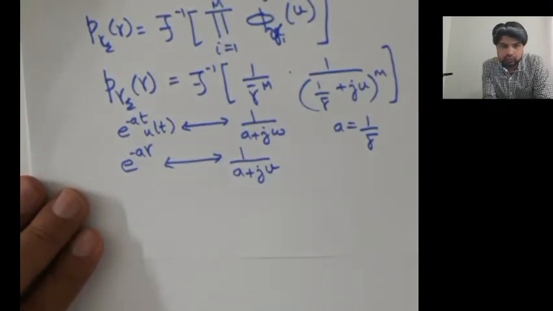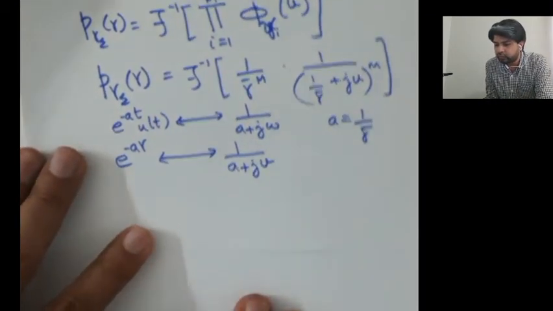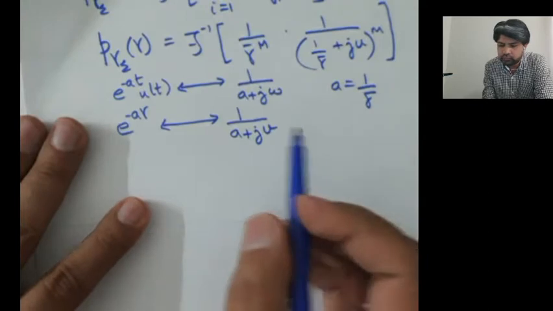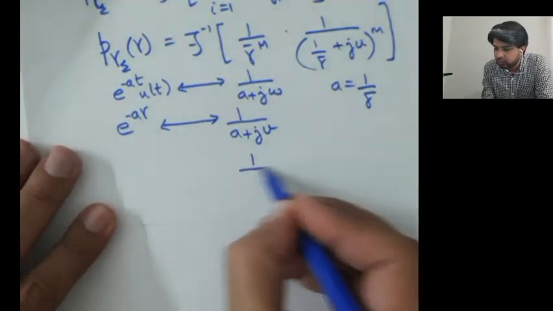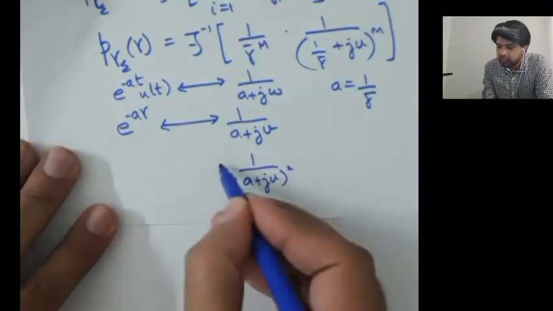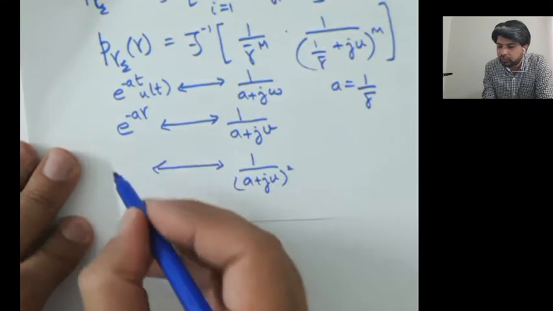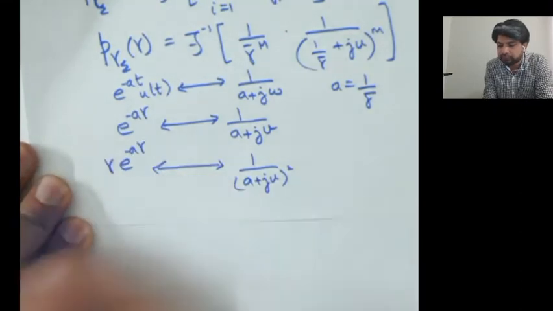Now, using the properties of the Fourier transform that you must have learned in your signals and systems course, 1 over a plus jv squared has a Fourier transform of gamma times e to the power minus a gamma.